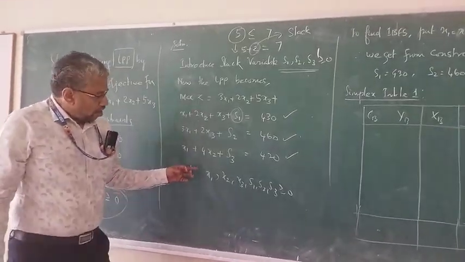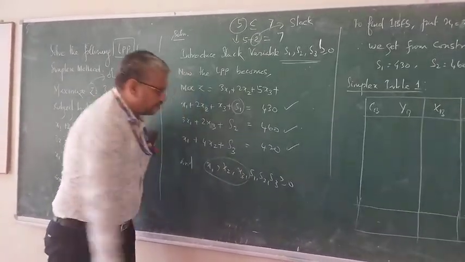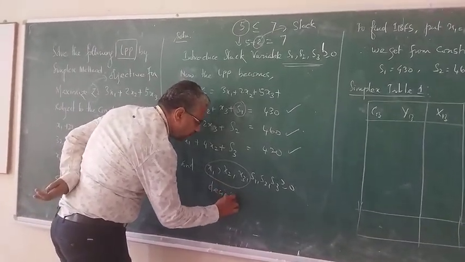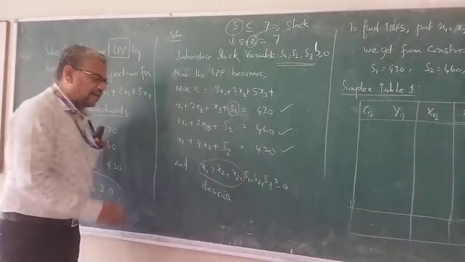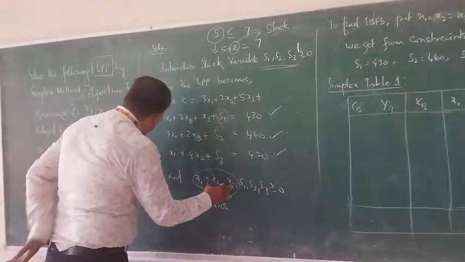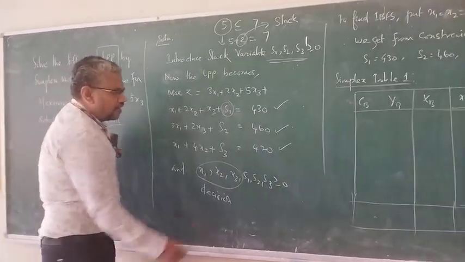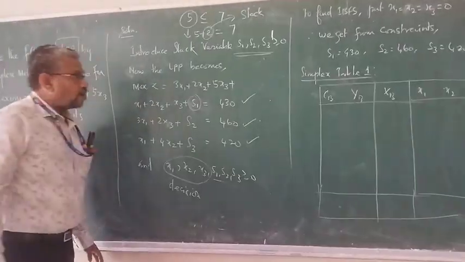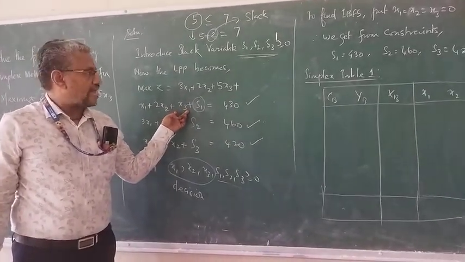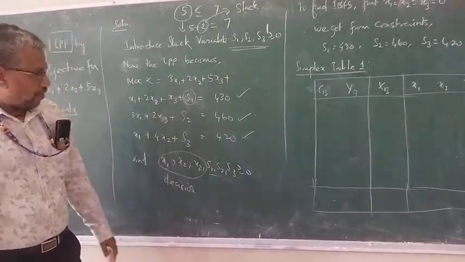Now these three variables are called decision variables. The variables which are given in the problem are called decision variables. These variables must be greater than or equal to 0. Similarly, what we are adding to the left hand side, the slack variables, are also greater than or equal to 0.